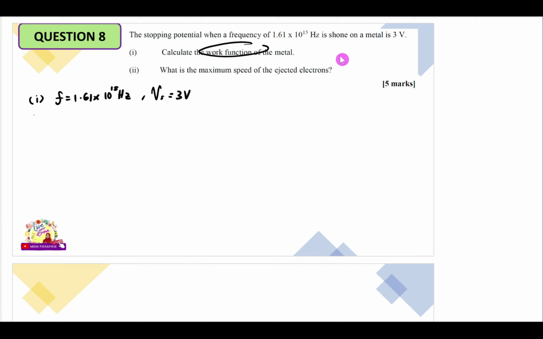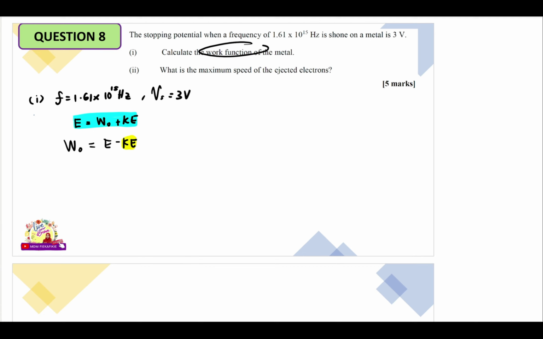So I would write the general equation. E is equal to W0 plus KE. Okay, from the Einstein equation. Okay, so we want to calculate W0 and it is equal to E minus kinetic energy. Okay, so in order to calculate the kinetic energy, so question give us the stopping voltage, okay, and please look at your notes, please try to revise.